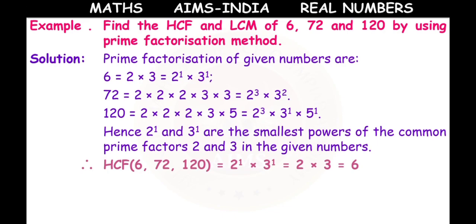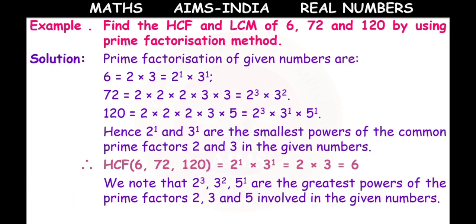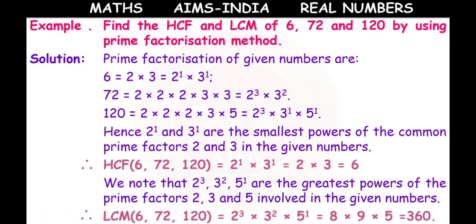HCF means the product of prime factors with the smallest exponents. So 6. The greatest powers are 2 cube, 3 square, 5 power 1. LCM means the product of prime factors with the greatest exponents. Like that we can find HCF and LCM.